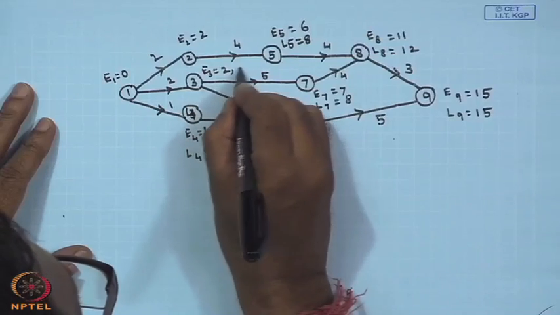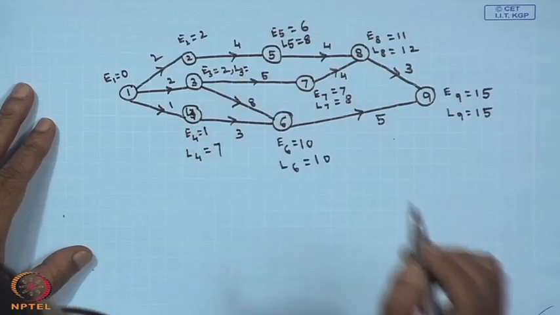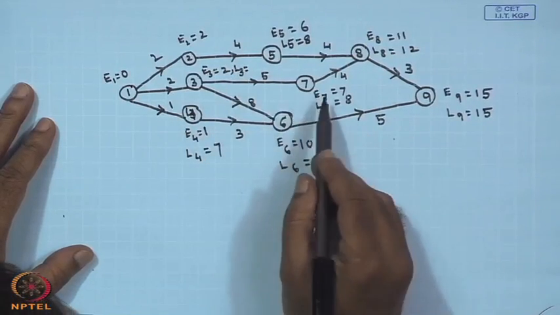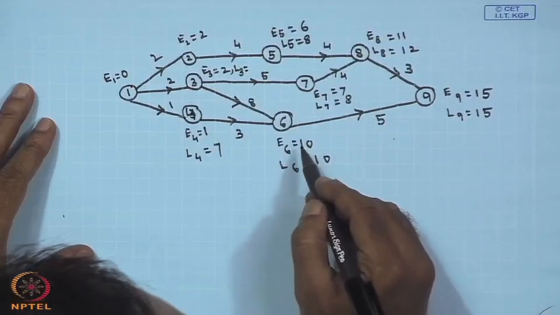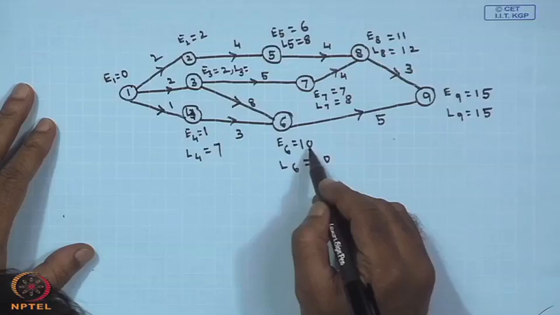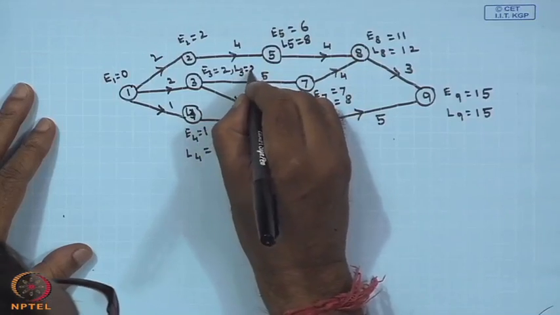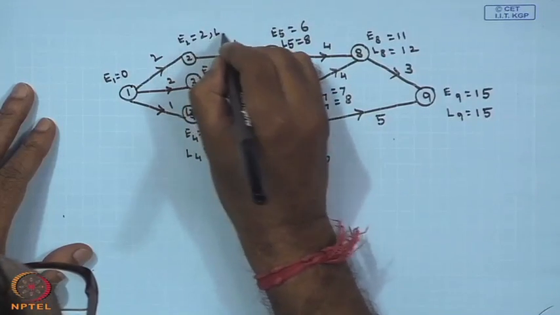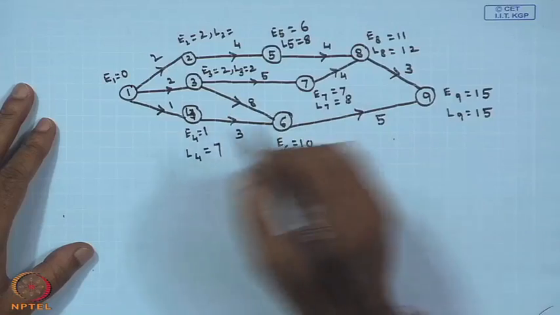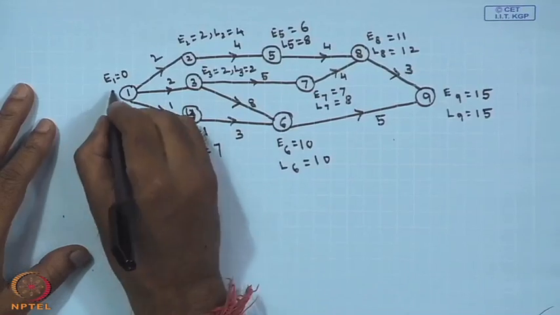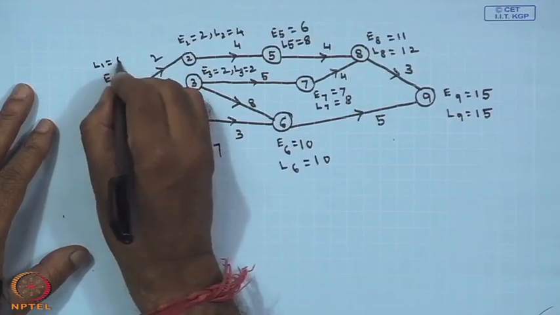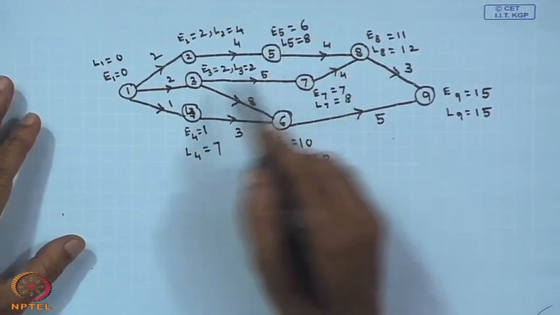Your L 3 is how much? Here you are getting 8 minus 5, that is 3, and here it is 10 minus 8, 2. So, the minimum is 2. Your L 2 is equal to 8 minus 4, that is 4, and your L 1 is equal to 0. So, I got this one.